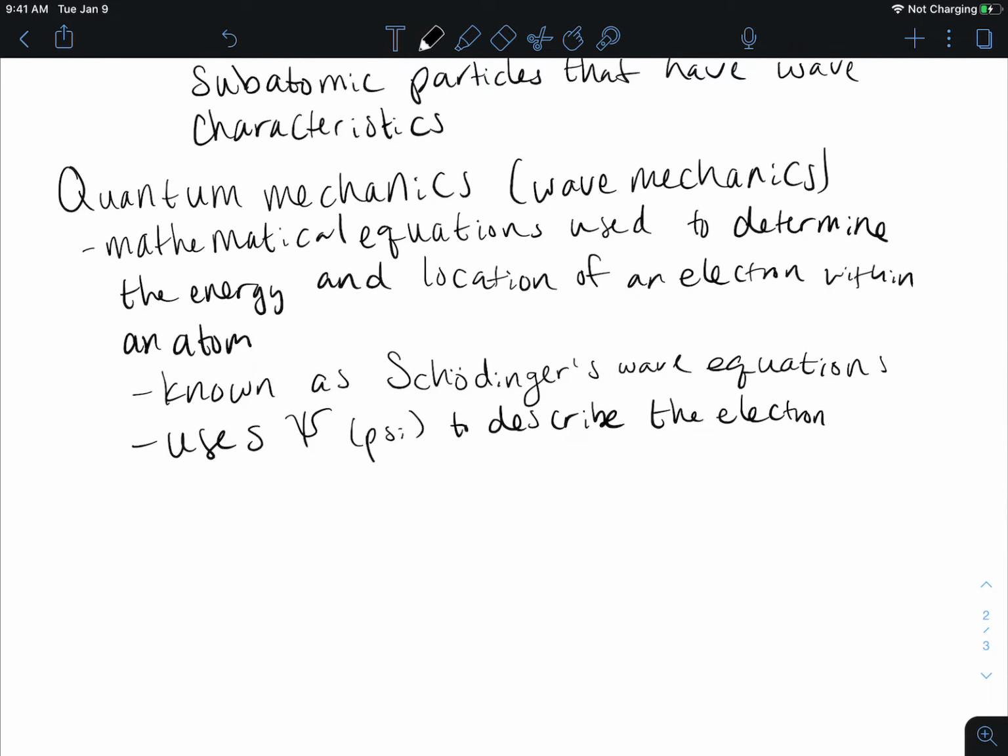So what happens is you treat an electron as a wave, and it's going to travel around the nucleus as a wave.